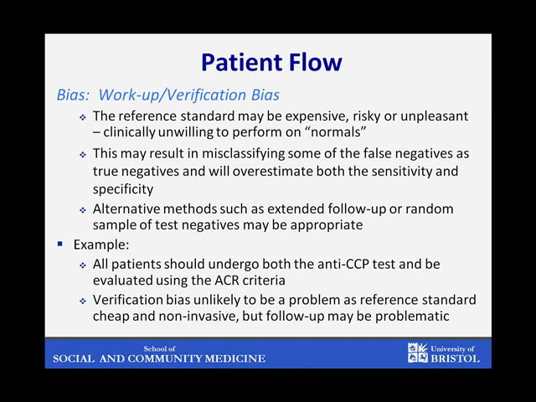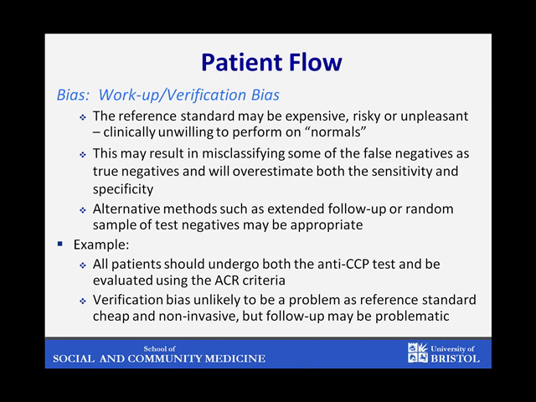So in some studies, what the researchers may do is actually classify those people, because they were index test negative, as truly not having the disease. Okay? Now, if they do that, they will be potentially missing some patients who turn out to be false negatives. And therefore, both their estimation of sensitivity and specificity are likely to be biased in the direction of making the test appear better than it really is.